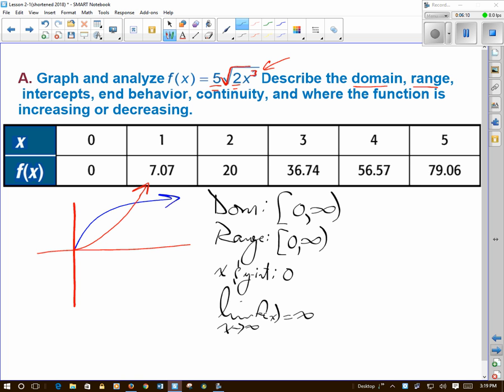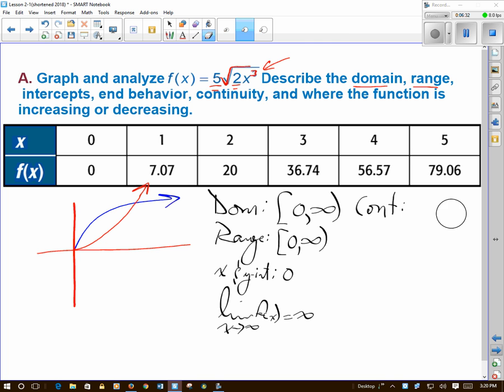Continuity, likewise, it's continuous over its domain, which is continuous from 0 to infinity. We make that one small change there on the domain, and we don't include the 0 there. Sorry, we do include the 0 on that one.